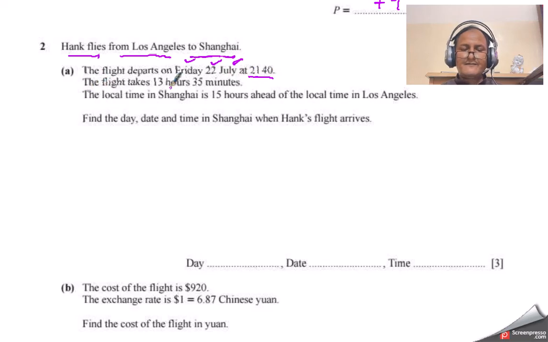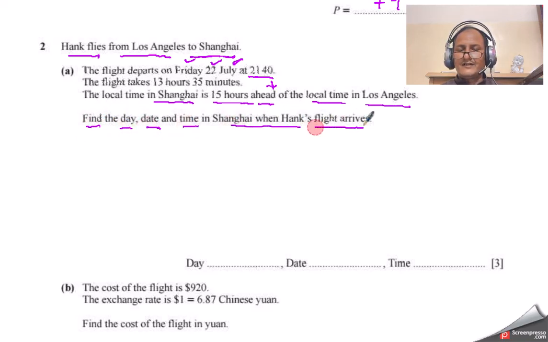The flight takes 13 hours and 35 minutes, meaning the journey time, and the local time in Shanghai is 15 hours ahead, meaning plus 15. Find the day, date and time in Shanghai when the flight arrives.